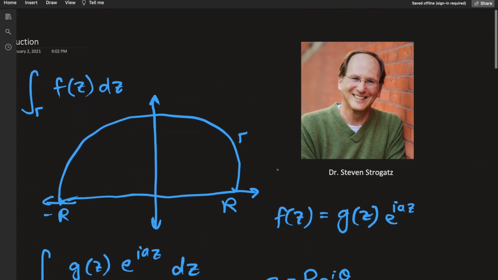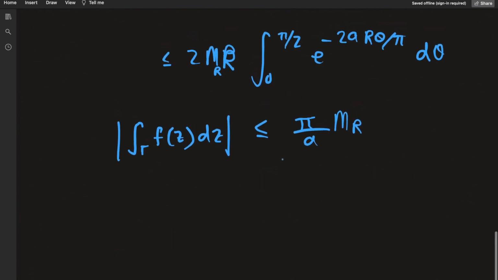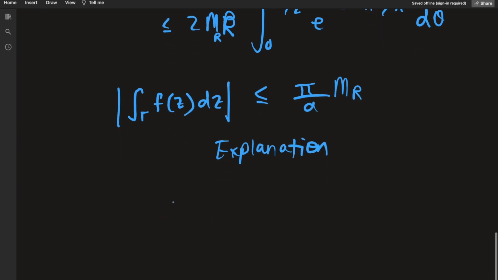That's basically, I wouldn't say the statement of Jordan's lemma, more like the explanation behind it. Because if you want the statement, I can write the statement.